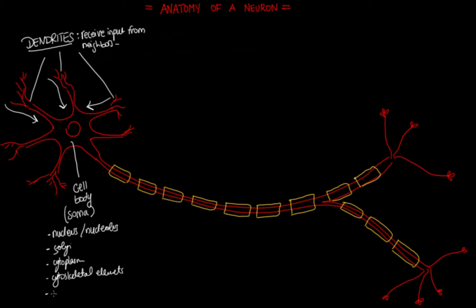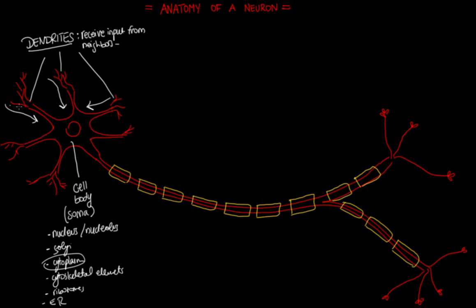We have, of course, ribosomes, endoplasmic reticulum. So all of the organelles suspended in the cytoplasm, this is what you would find in the cell body. And so this is where a lot of the organelles and cell machinery are located.